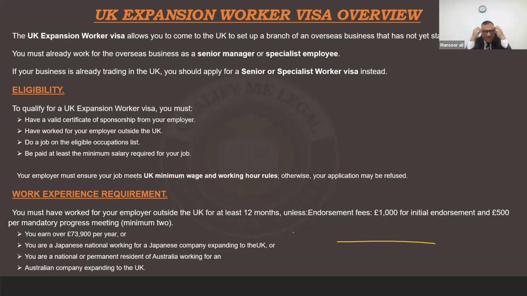So in order to qualify for this visa, you should have a valid certificate of sponsorship from your employer. You must work for your employer from outside the UK, and thereafter you can apply for this visa. As far as the work experience requirement is concerned, that person must have worked outside the UK for at least 12 months.